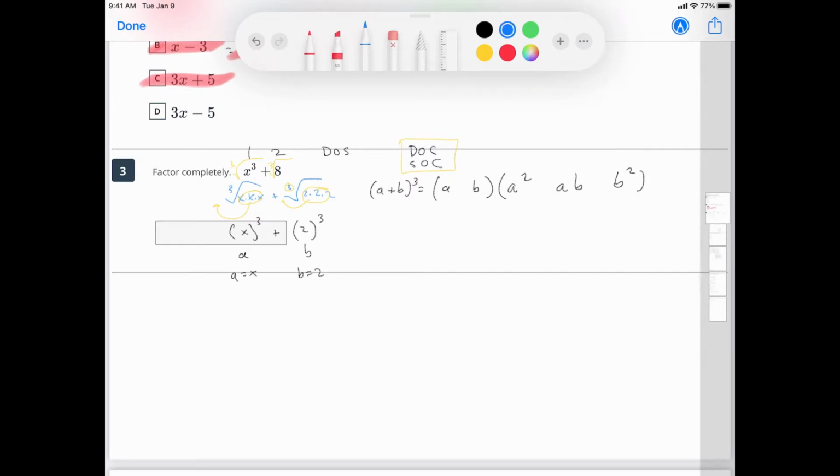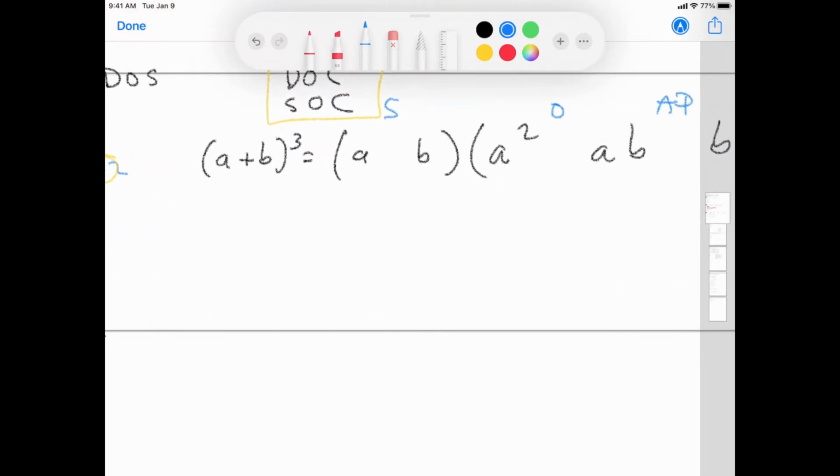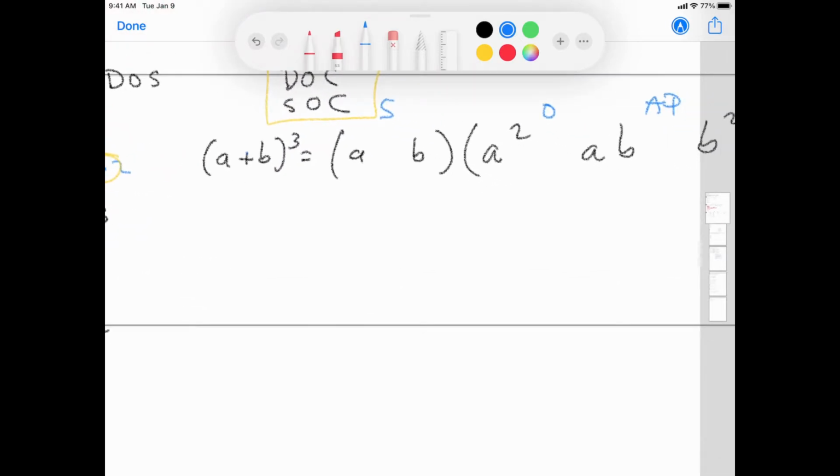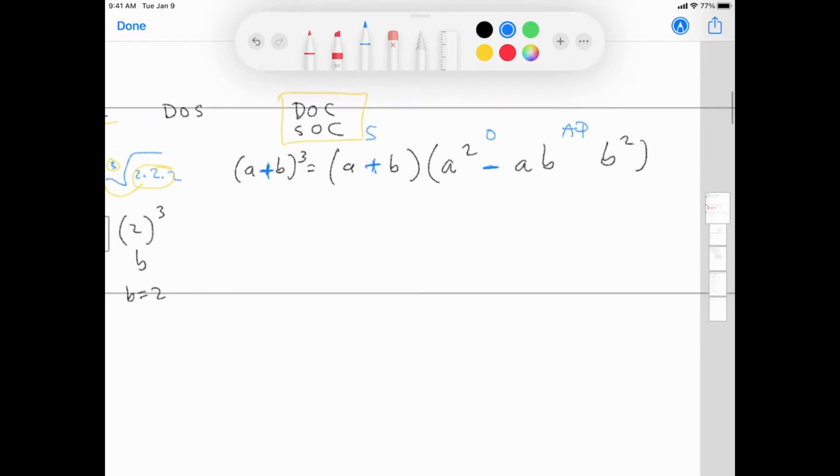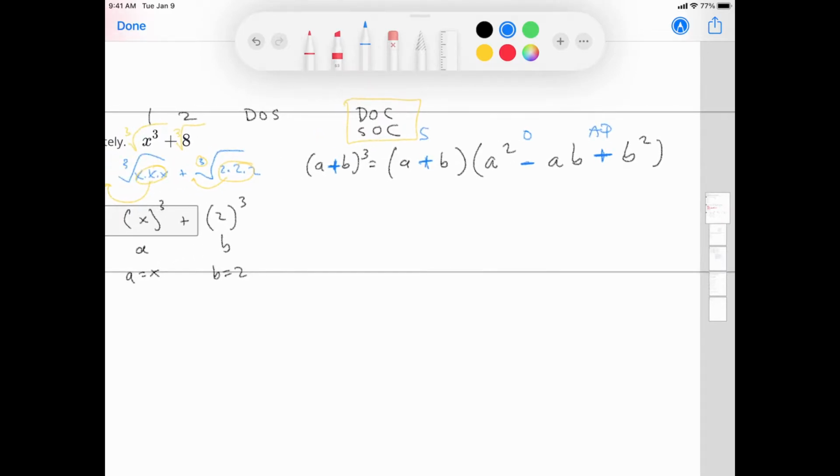And this is where I'm going to use the SOAP. So S stands for the same as what we started with. O is the opposite, and AP is always positive. Okay, now I'm just going to use my colors to highlight them in. A is equal to x, and my b is equal to 2.